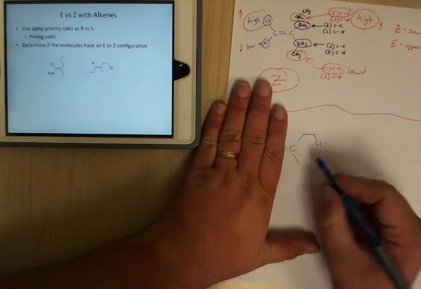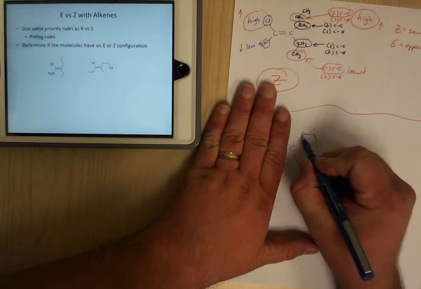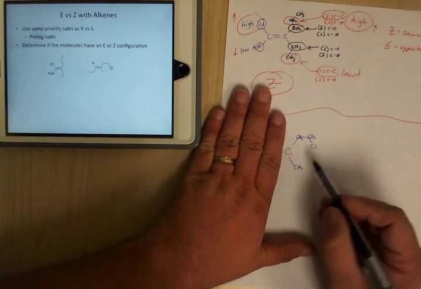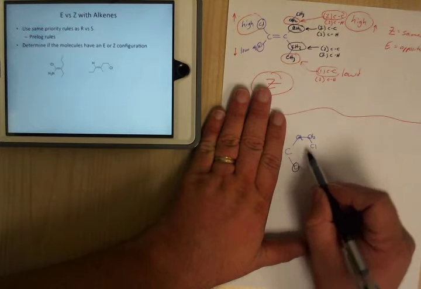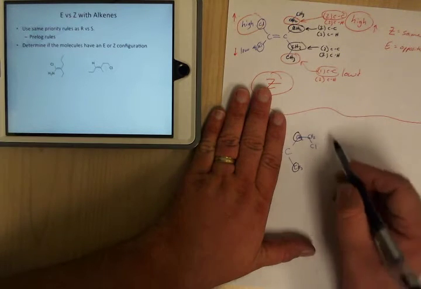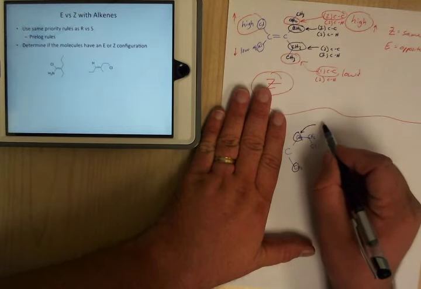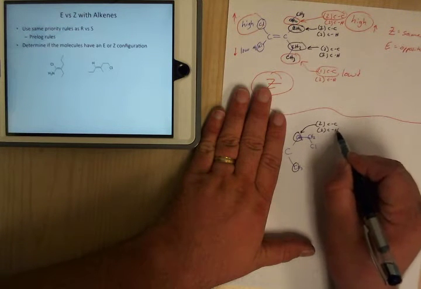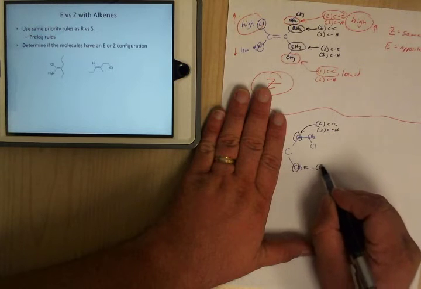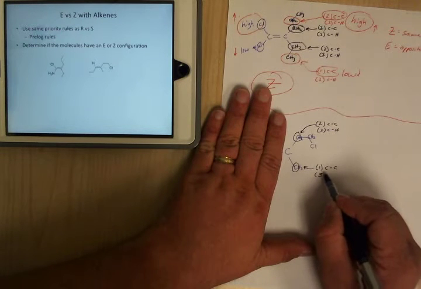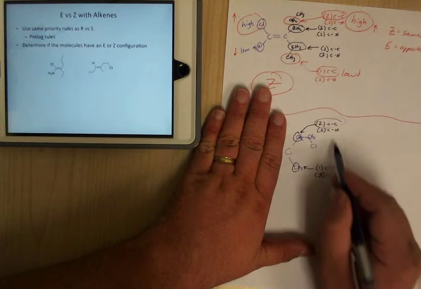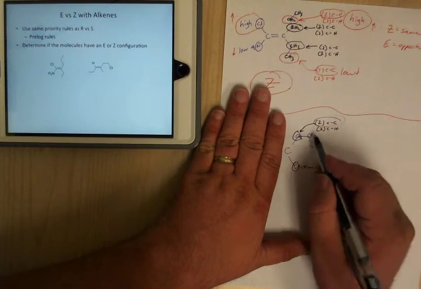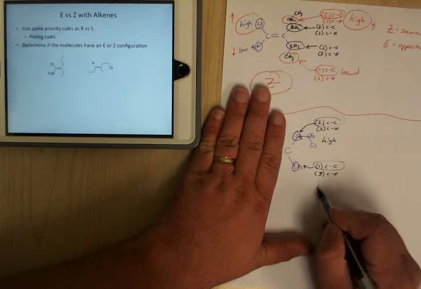On this side here we have CH3, CH2, CH2, and then the chlorine. So here we go: carbon versus carbon, so it's a tie. This is two carbon-carbon, two carbon hydrogen. This one here is one carbon-carbon, three carbon hydrogens. So compare that to this: this gets the high, and this gets the low.